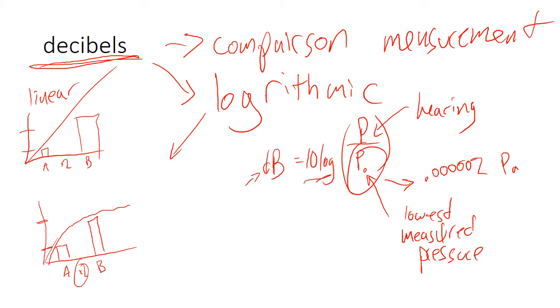Now the logarithmic means that when you go up by pascal or decibels, right? It doesn't go up at the same rate because it's not linear. So if you have 10 decibels, let's pretend that's something you heard, and then it goes up to 20 decibels, all right?